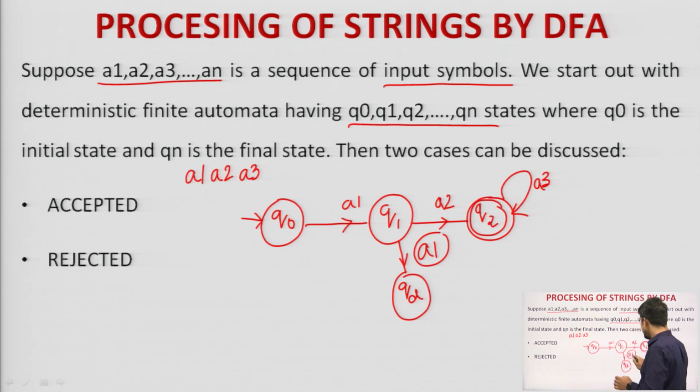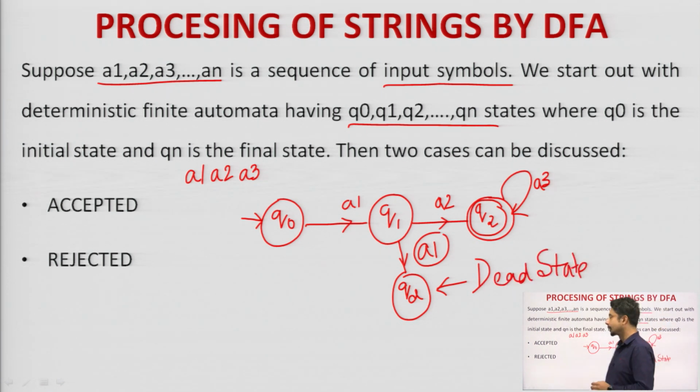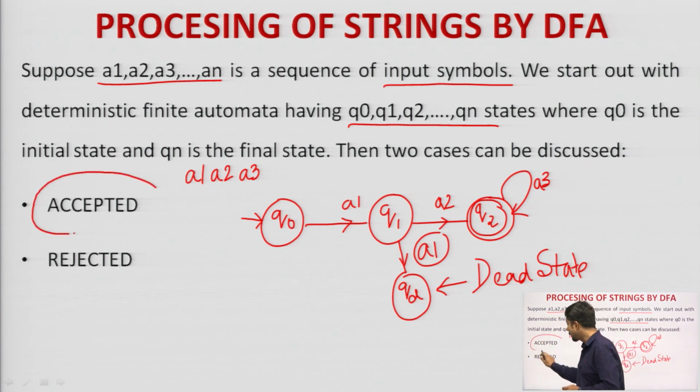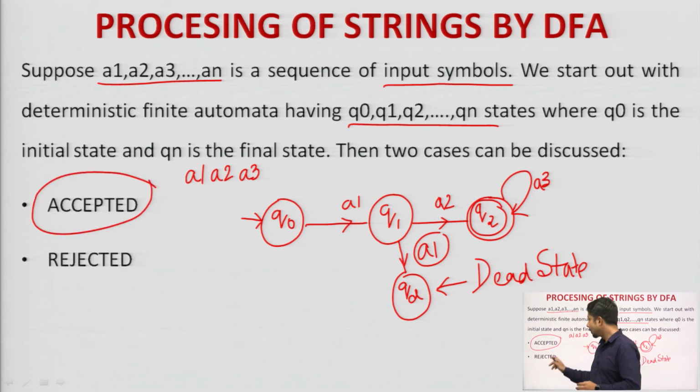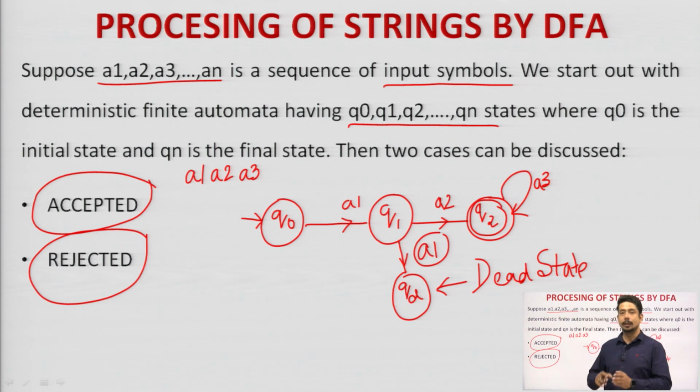Then this particular state is said to be the dead state, and it is also said to be the rejection part. So this is the accepted part, where it is accepted is the final state, and rejected is a state from where there is no transition to the final state. So, processing of strings by a DFA is done in 2 ways, accepted and rejected.